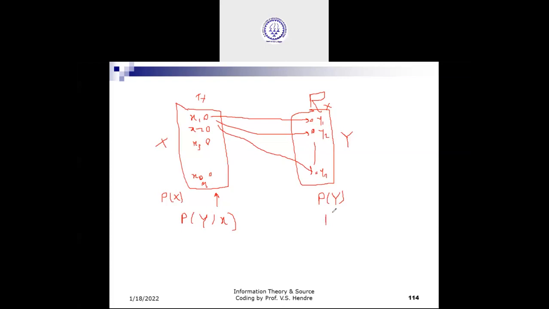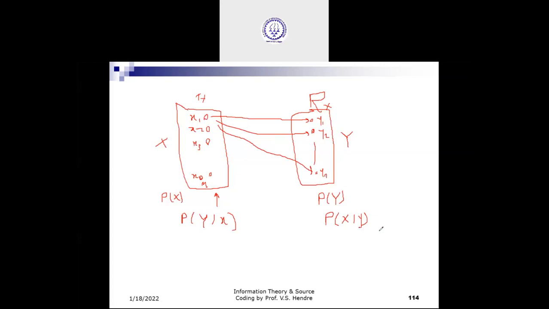In a similar way, I can define one more probability at the receiver end. At the receiver end, y is known to me, so I define the probability of x dependent upon y. What is P of x given y? Y1 is received. What is the probability that x1 was transmitted, x2 was transmitted, or xm was transmitted?